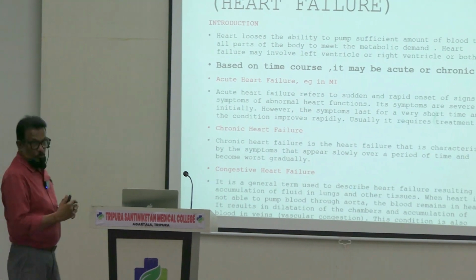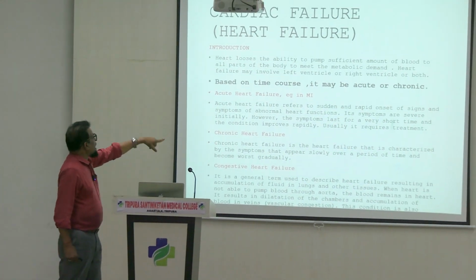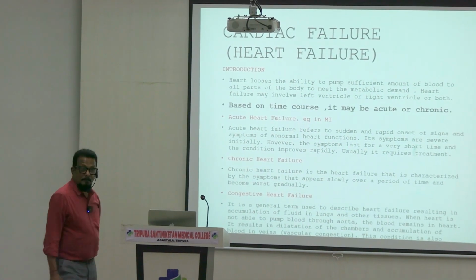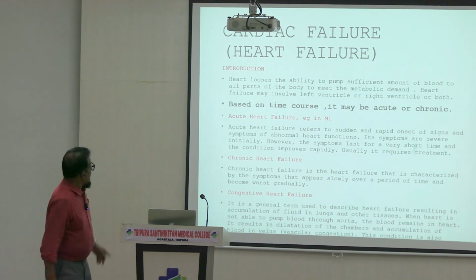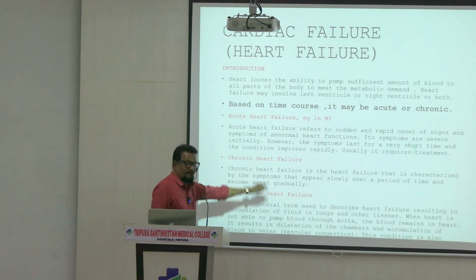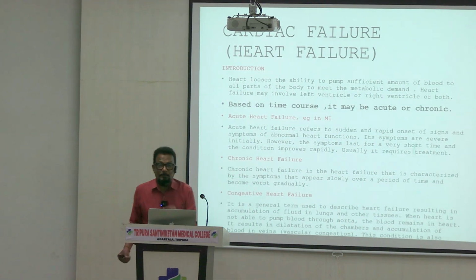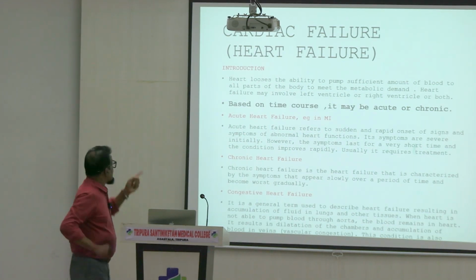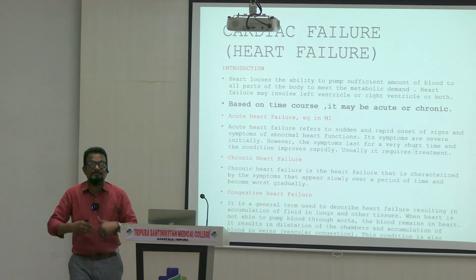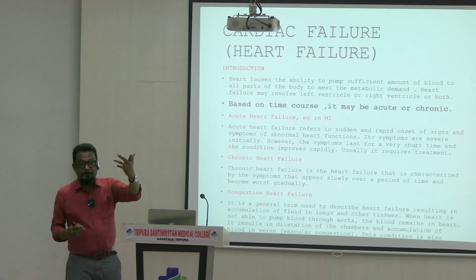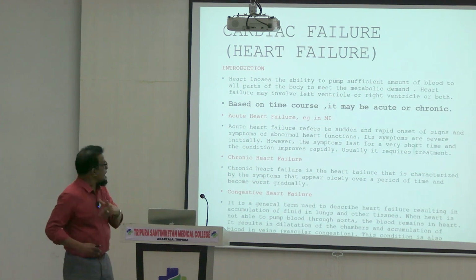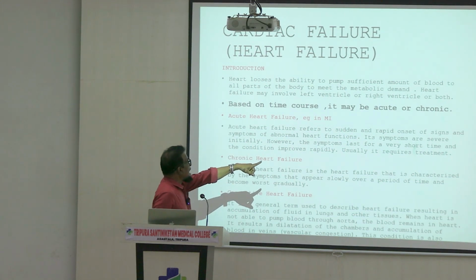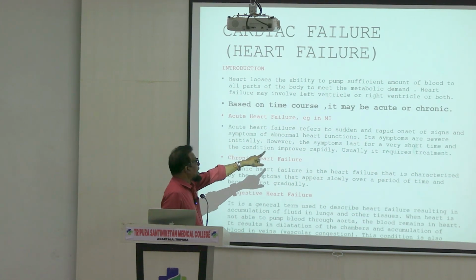Based on time course, cardiac failure can be divided into acute heart failure, which happens in myocardial infarction, and chronic heart failure. Chronic heart failure develops slowly, taking a lot of time. But acute heart failure develops suddenly and aggressively, with sudden rapid onset of signs and symptoms of abnormal heart function.